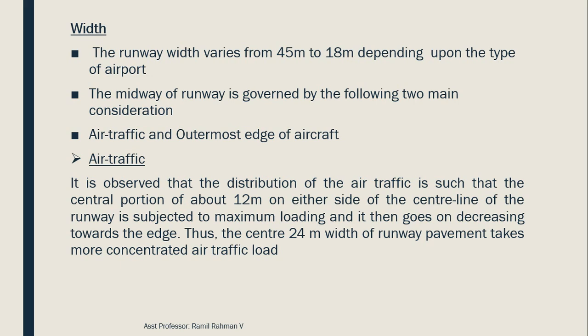It is observed that the distribution of the air traffic is such that the central portion of about 12 meter on either side of the center line of the runway is subjected to maximum loading, and it then goes on decreasing towards the edge. Thus, the center 24 meter width of runway pavement takes more concentrated air traffic load.